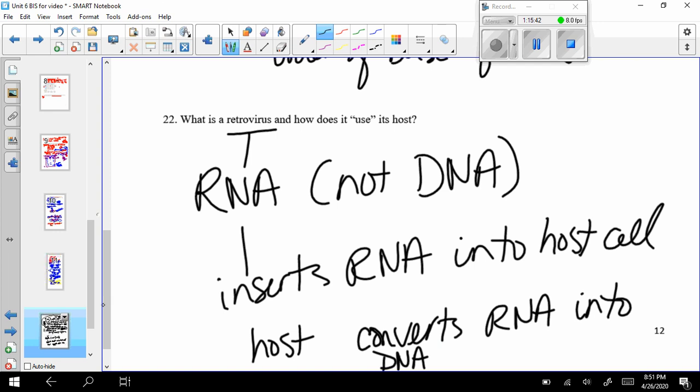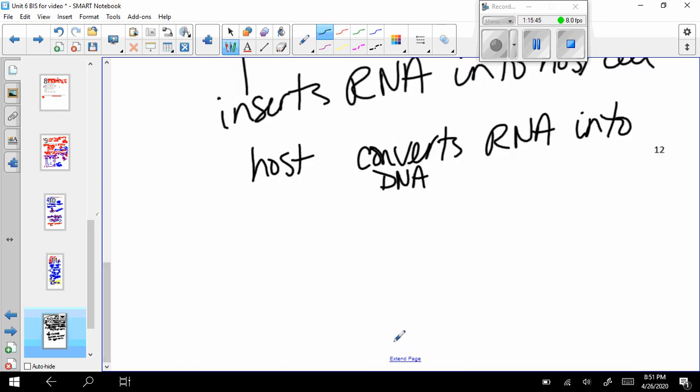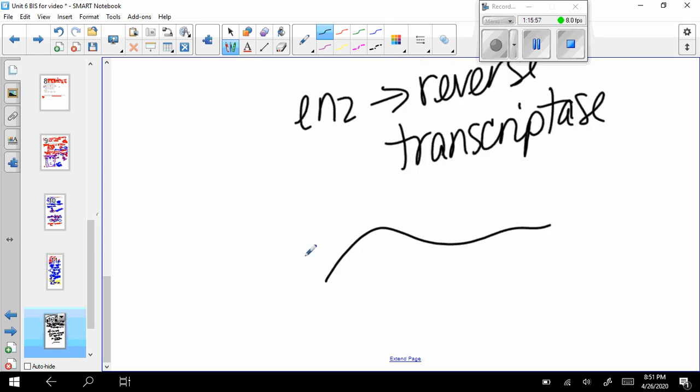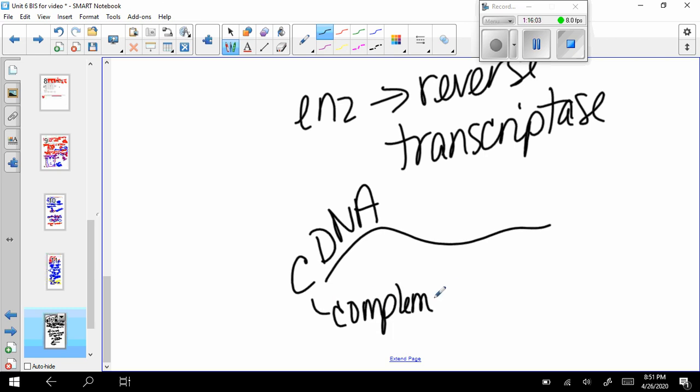And so that is the reverse of transcription. So the enzyme that does this is called reverse transcriptase. And the DNA that's made is called cDNA. And the C stands for complement or complementary DNA.